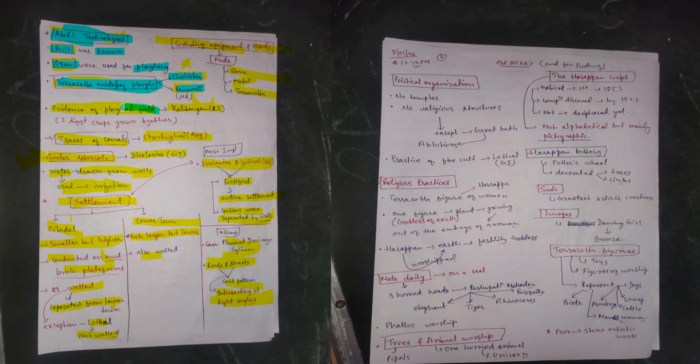Evidence of plow field has been found from Kalibangan, Rajasthan. Two different types of crops were grown together. Now, traces of canals have been found from Sotugai, Afghanistan.